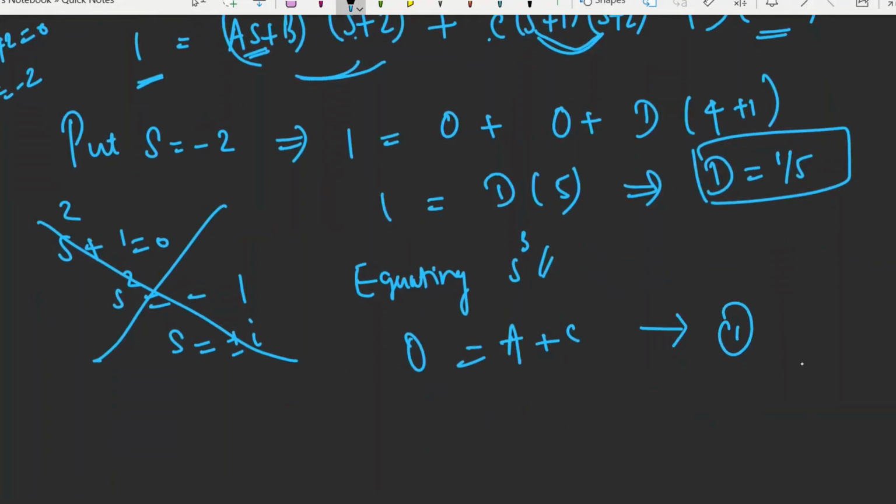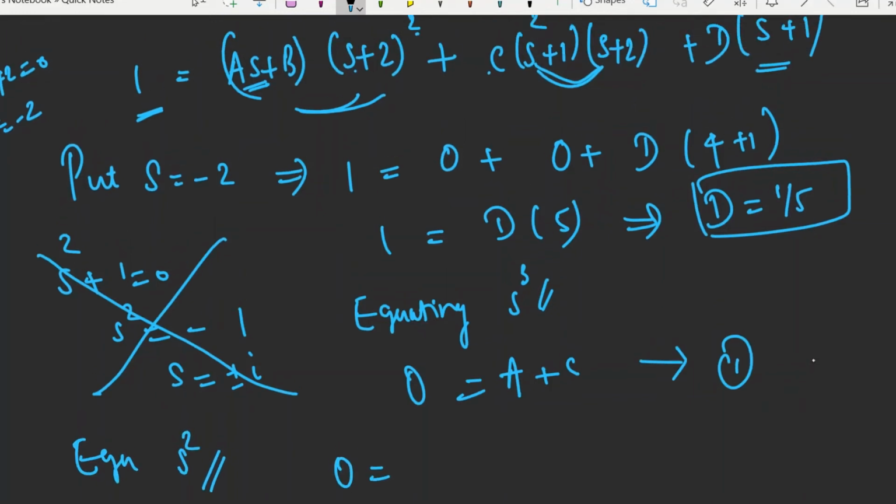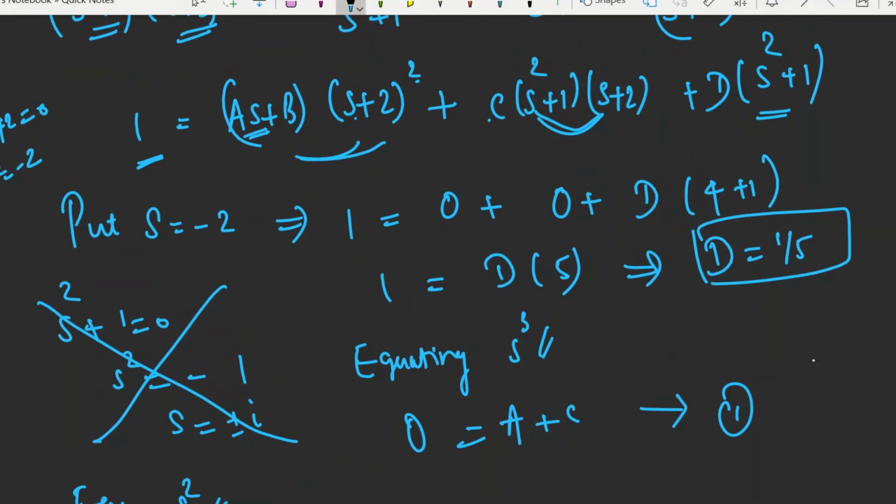And next, equating s square. Now s square, if you are expanding this, what will happen? s square plus 4s plus 4. So a s cube, and if you are multiplying this, 4 times as into 4s, 4 times a s square. So the coefficient of s square is 4a.